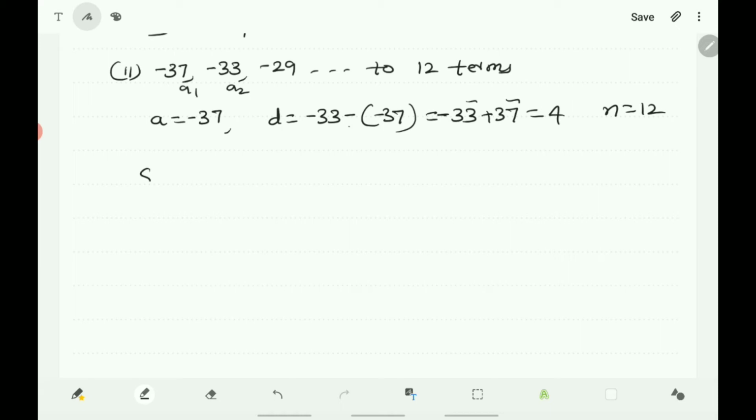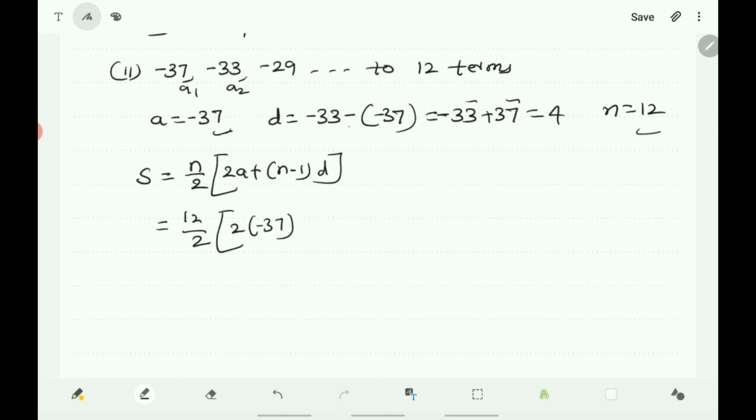Write the formula S equals n by 2 into 2A plus n minus 1 into D. Then n is 12 by 2 into 2 into A, which is minus 37, plus 12 minus 1 into D, which is 4.